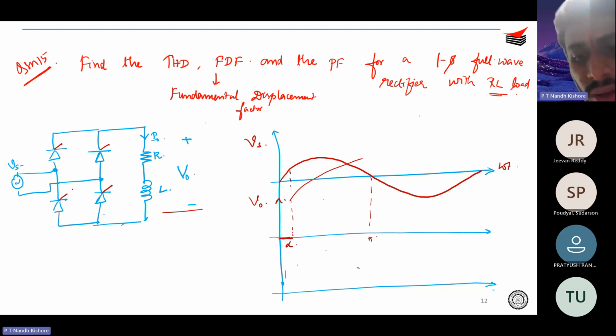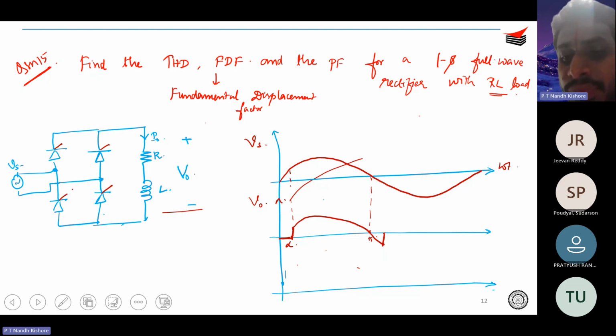So what will happen, of course, is that it will increase and then go over here. But since this is an RL load, what you will see is it goes a bit negative, right? Till some point and then it goes back to 0. Okay. So you may be aware that this is what is called beta.